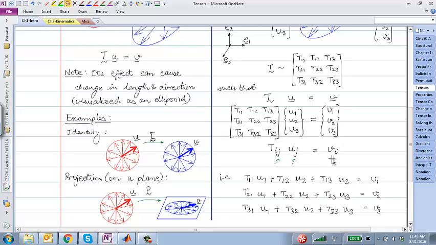If you were to expand this, you would get these three equations right here. That's why this compact way of writing represents either this set of matrix equations or these three equations. It helps us write in a shorthand compact way, okay?